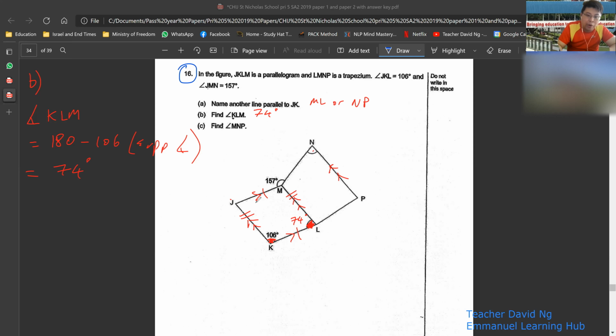Can you tell me straight away, what is this angle, JML? What's the angle JML? Or at least tell me how to find it, so you can apply what you just learned.